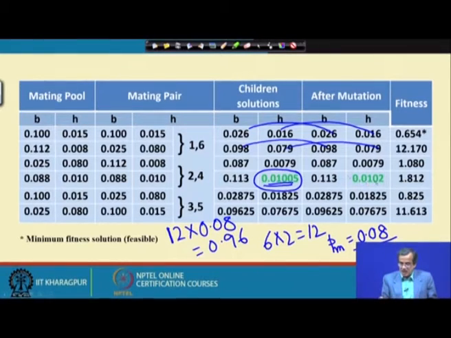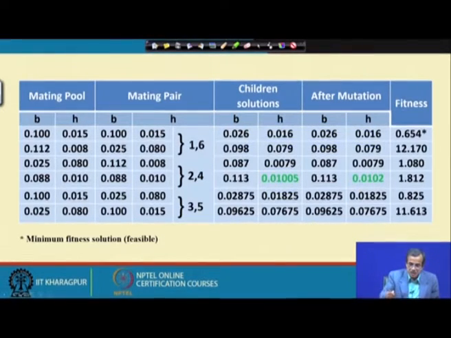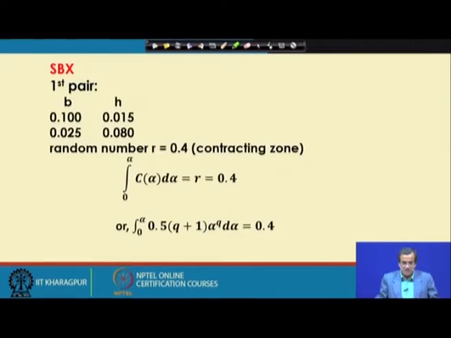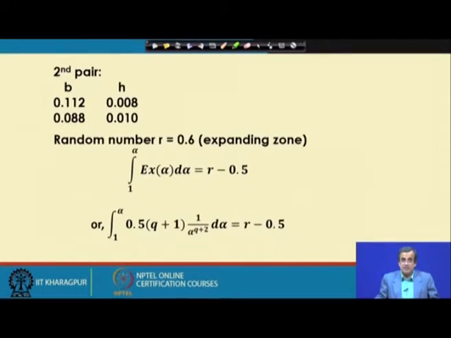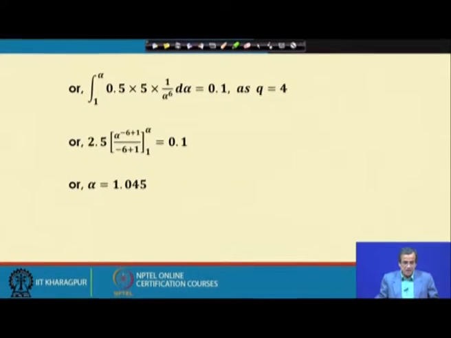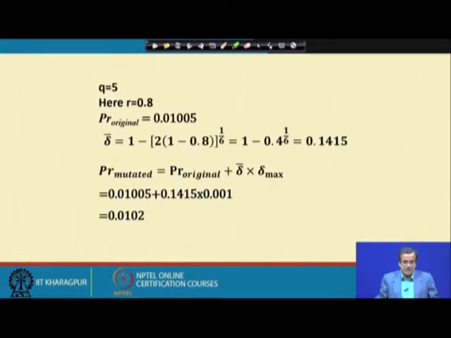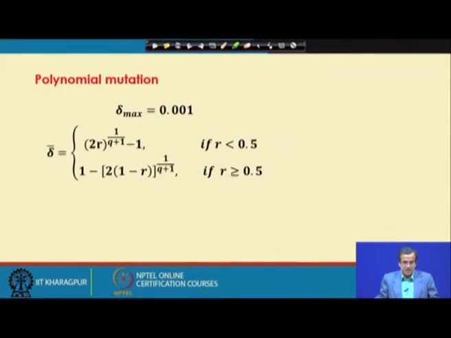Now, let us see how to find out this mutated solution. The purpose of mutation, as we know, is to give some efficient local search to the GA, so we take the help of the mutation.